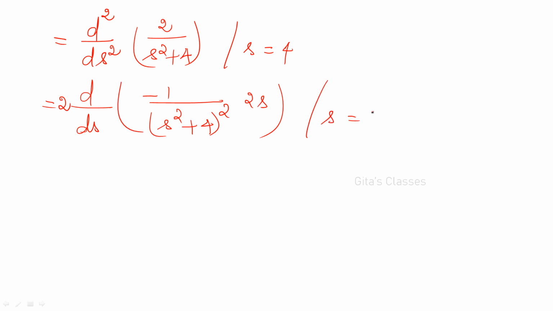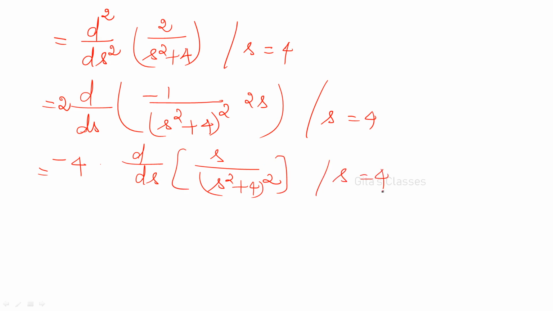At the point s is equal to 4. This 2 also I will take it outside. So 4 into d by ds of, minus 4 into d by ds of s by s squared plus 4 the whole squared at s is equal to 4.